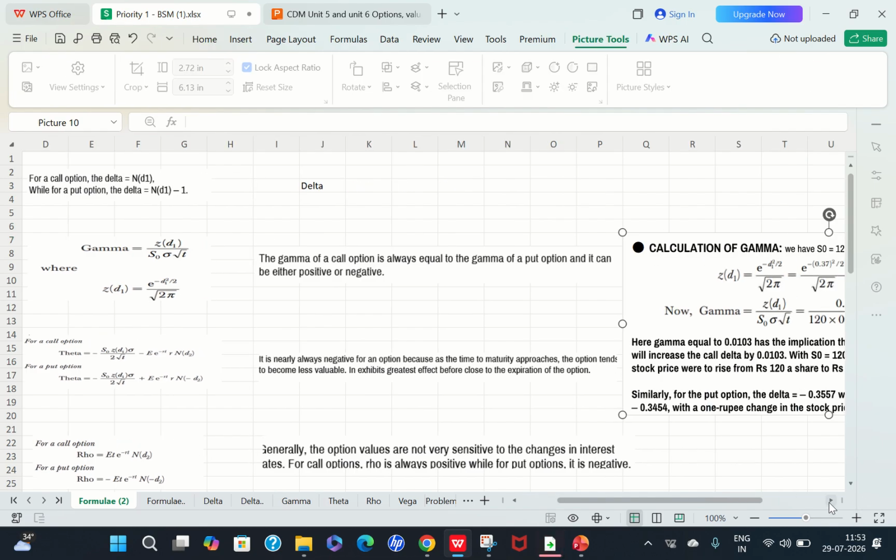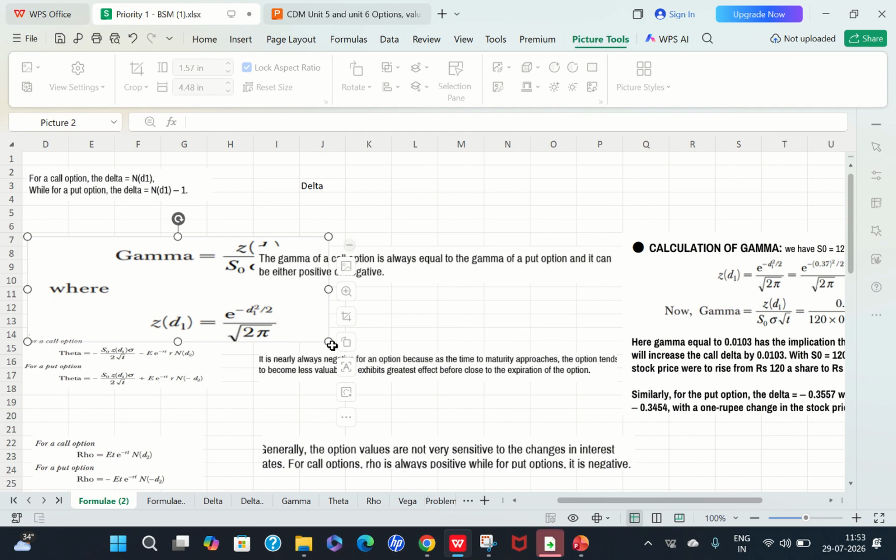So the formula for gamma is ZD1 divided by S0 into standard deviation into root T. So what is ZD1? E to the power of minus D1 square divided by 2.